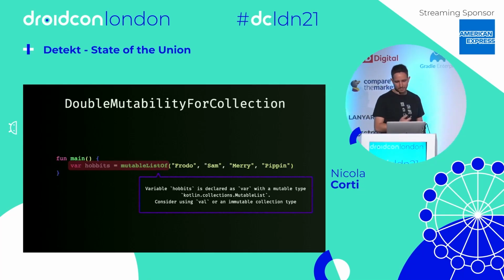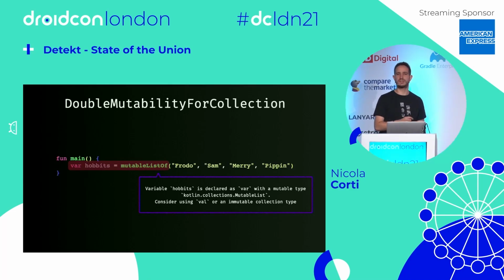The reason why I'm presenting this rule is because I like to think of Detekt as the tool that bridges the gap between the theory, like a book, and your code. You can write custom rules to let your code behave and look as you wish.